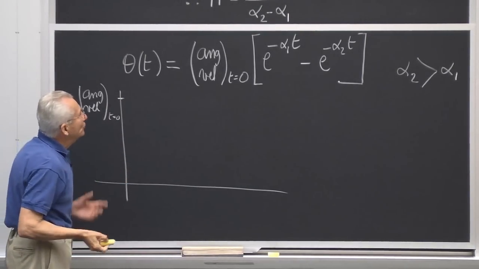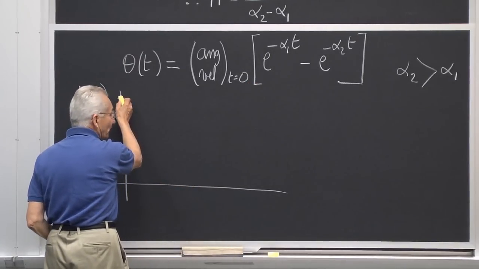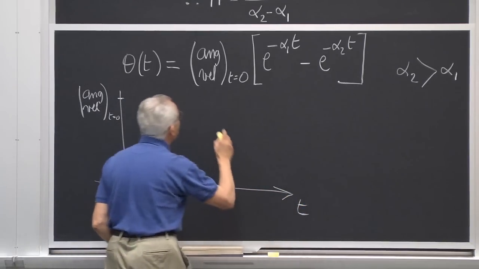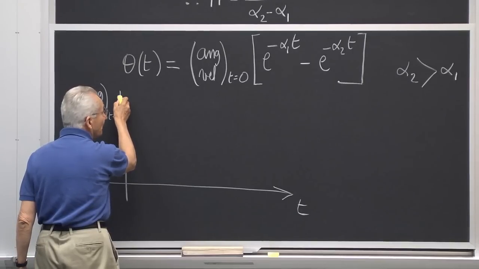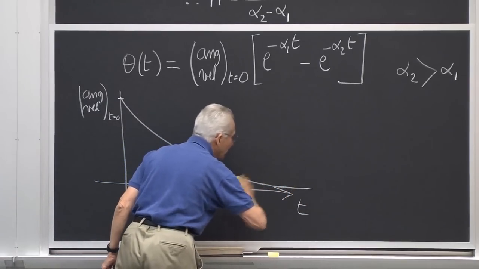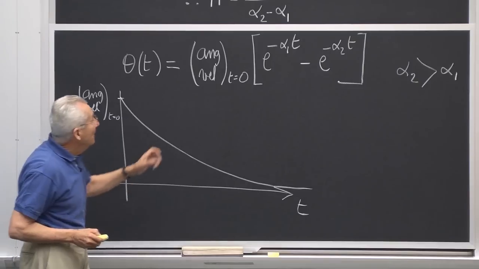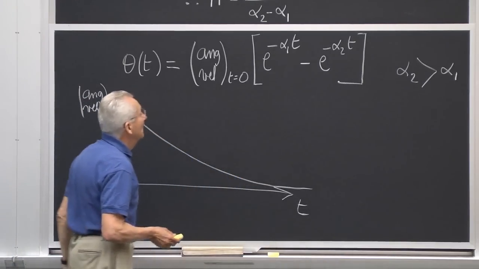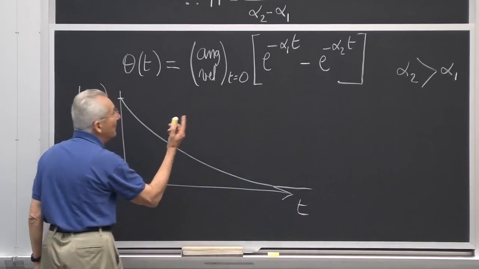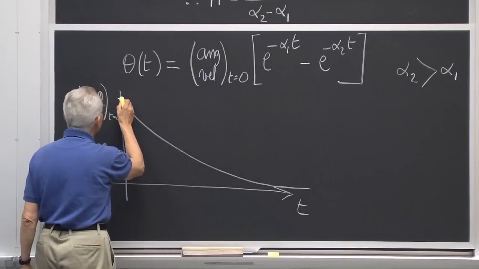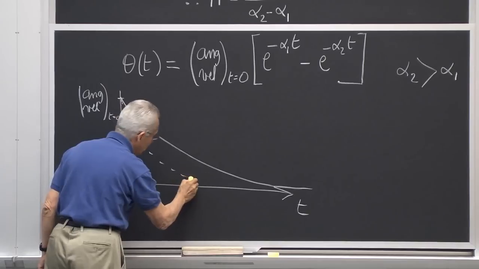Let's consider one of them. It's an exponential function. Here I'm plotting the angle as a function of time. I'll get some exponential function, like this, starting at that value. And the other function is also an exponential one, which has a higher value of the exponent, and therefore it will drop more quickly, starts with the same amplitude, so it will go more quickly like this.